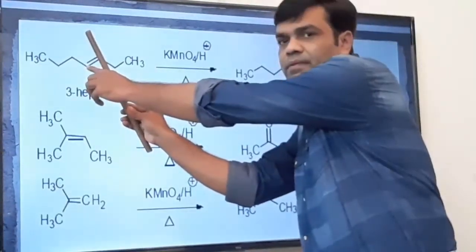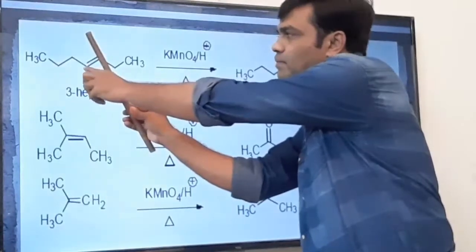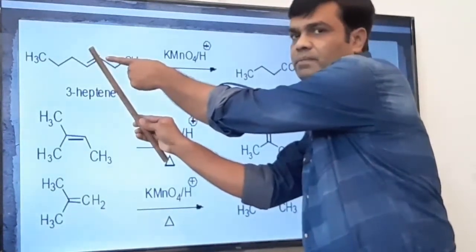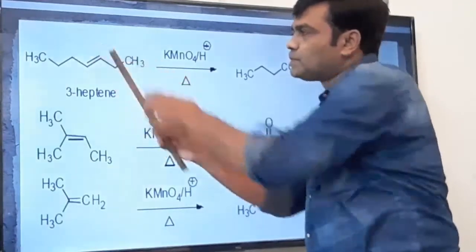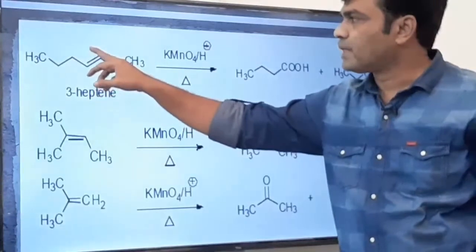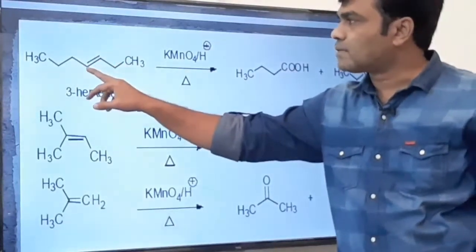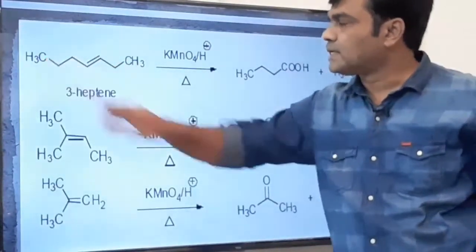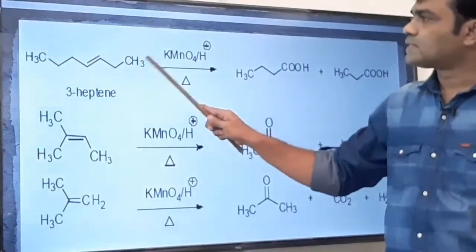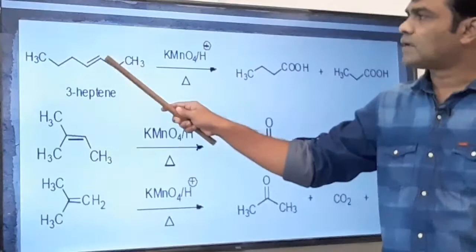That is interesting. So see, as a result, finally this carbon-carbon bond cleavage takes place, and this carbon of the carbon-carbon double bond will oxidize to COOH. Similarly, this carbon of the carbon-carbon double bond will oxidize to COOH. Means both the double bonded carbon atoms after cleavage get oxidized to COOH. So what we get here? CH3CH2CH2COOH, and here also CH3CH2CH3.